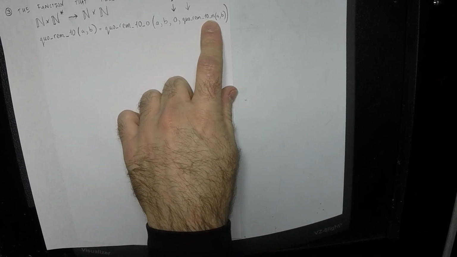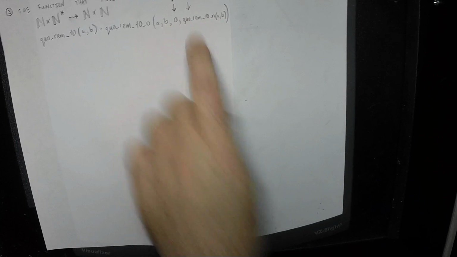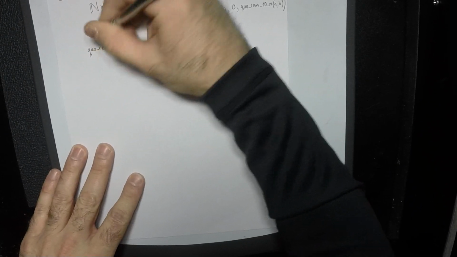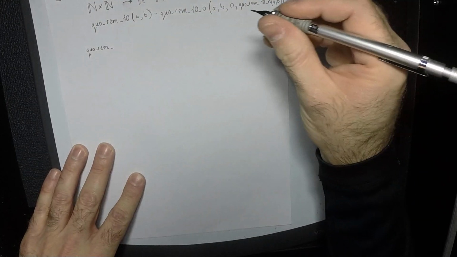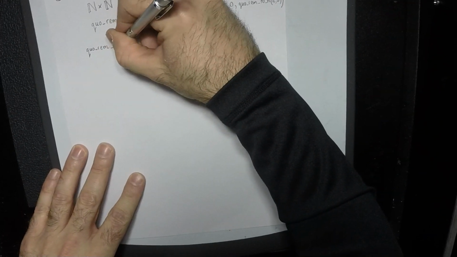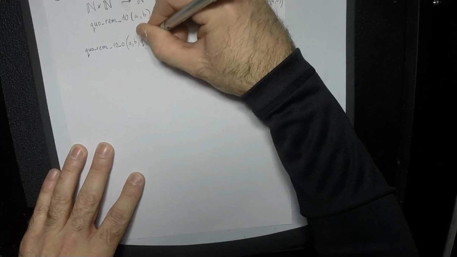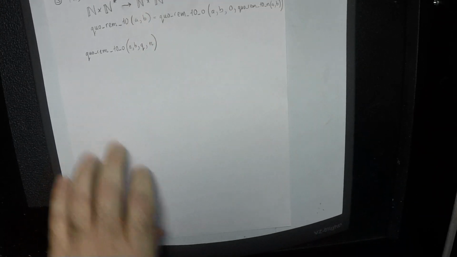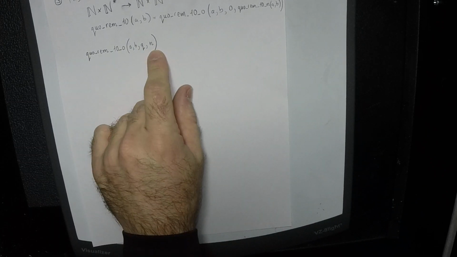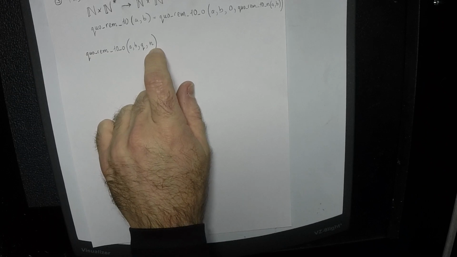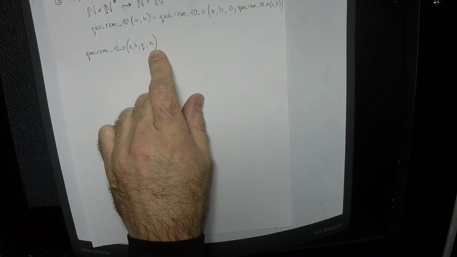Okay, so there's 4 items. Quo, rem, 10, 0, and then the arguments are A, B, Q, and N. So what that means is that, okay, we're in the thick of it, and we're trying to compute all these things.